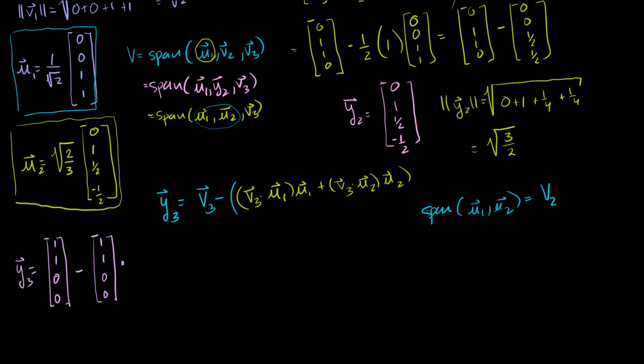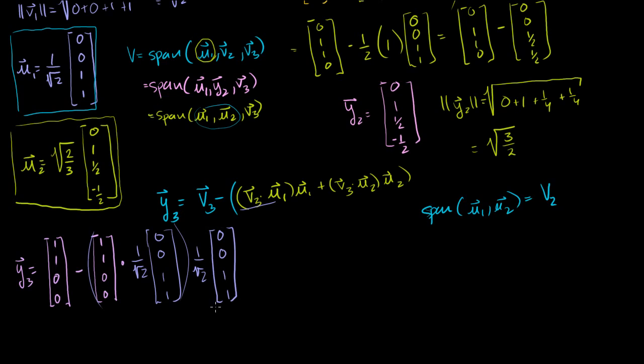So it's dot 1 over the square root of 2 times 0, 0, 1, 1. That's u1. So that's this part right here. Times u1. So times 1 over the square root of 2 times 0, 0, 1, 1. This piece right there is this piece right there.